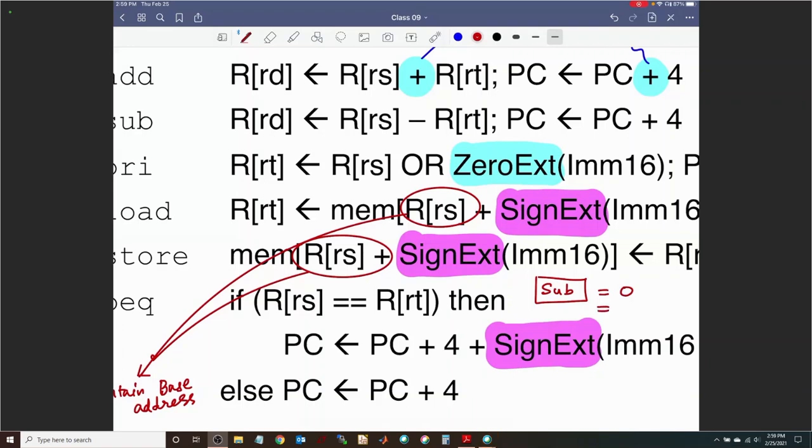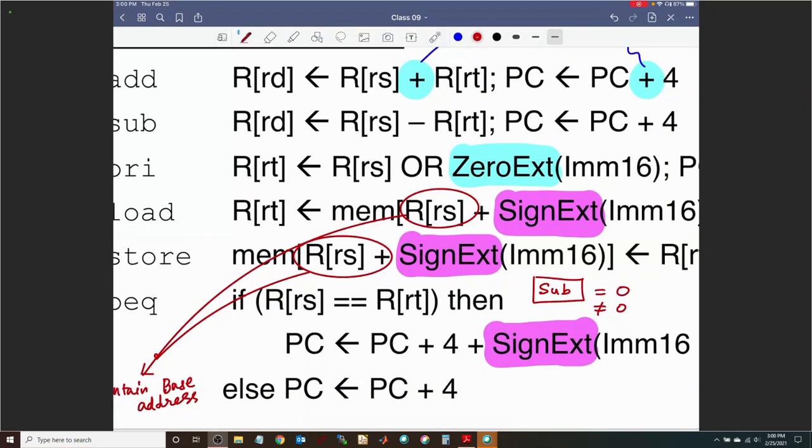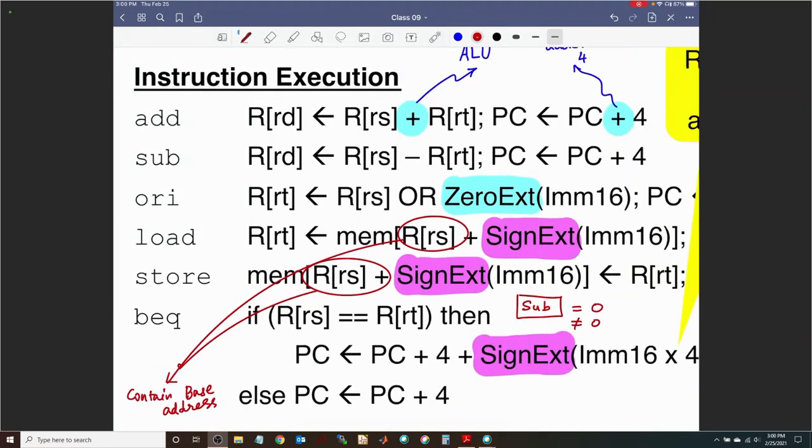If it is not equal to 0, then I know it is not equal. You guys see that? So this one doesn't need the comparator, doesn't need the exclusive OR, nor a lot of hardware. It just needs a subtraction operation, which is pretty straightforward, and there is already hardware for it. We already have the ALU, which can be faster than even an exclusive OR.